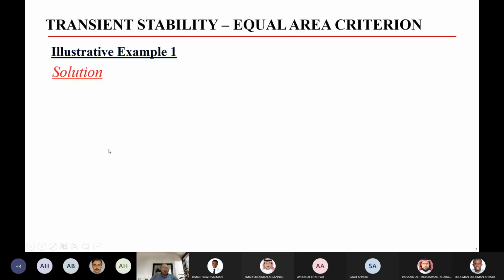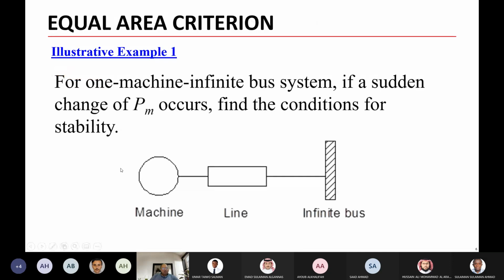We will address all these issues in terms of these examples. We have 5 examples to address all these cases. For a one machine, infinite bus system, if there is a sudden change in Pmechanical, find the conditions for stability.